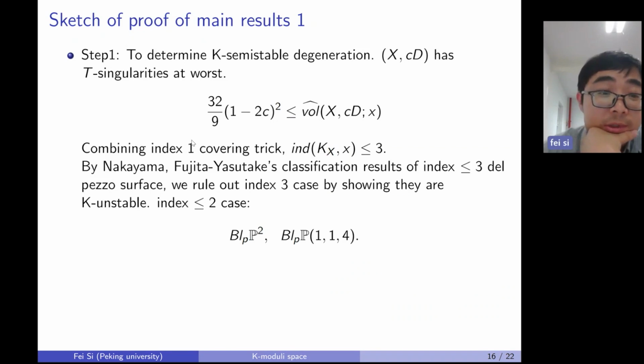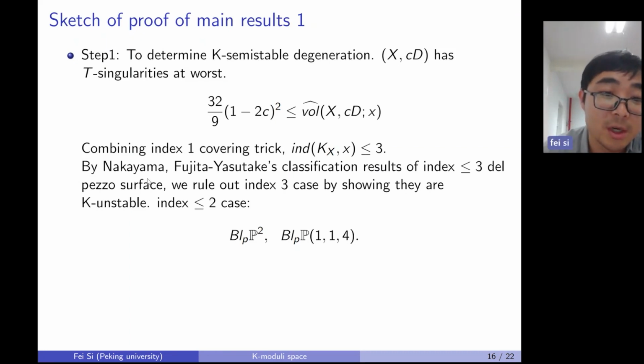Actually, using this normalized volume analysis, you cannot rule out that index is smaller than 2. But luckily, we have some classification results for the del Pezzo surface of index smaller than 3.